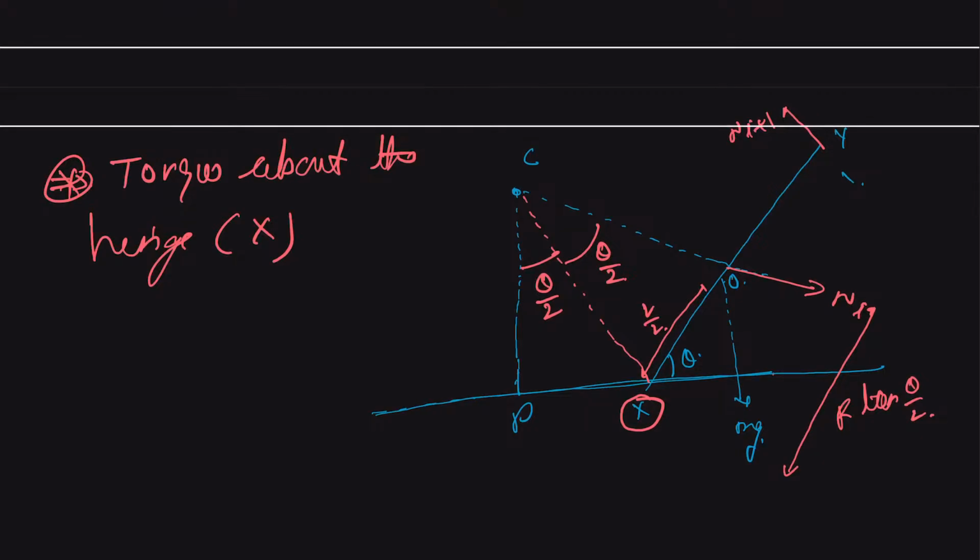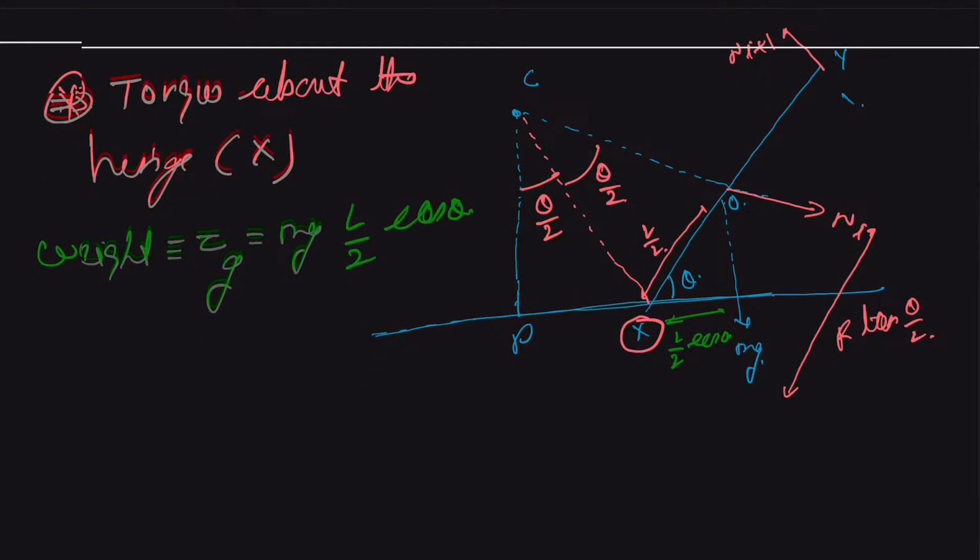So first of all we have our mg, so we have our weight, let us call this tau mg or tau g for simplicity, and tau g will be equal to our mg, and this distance will be our L by 2 cos of theta. So we get this as our L by 2 cos of theta.